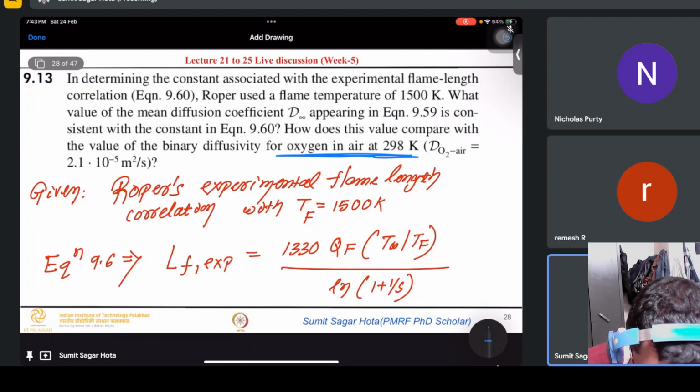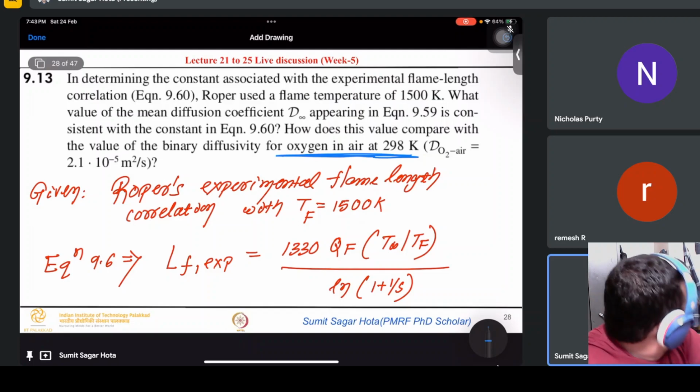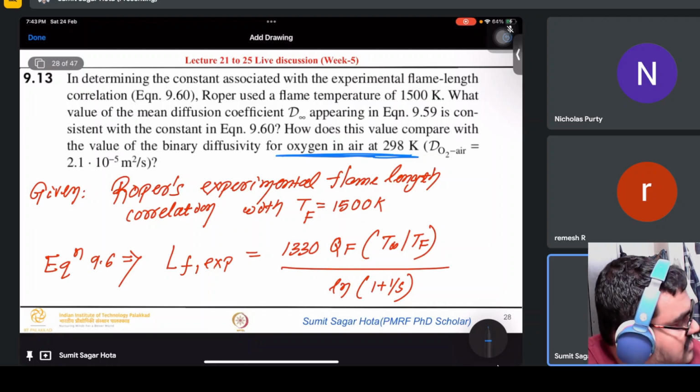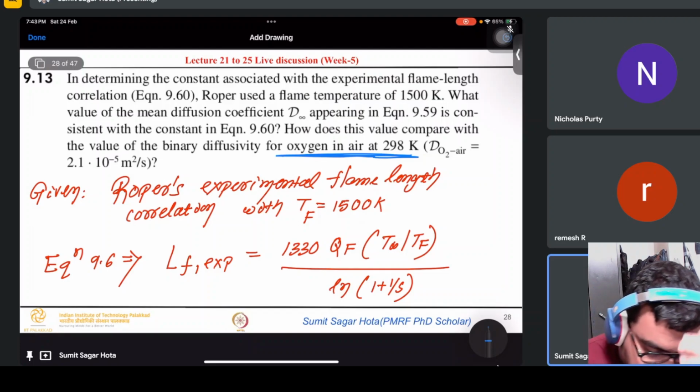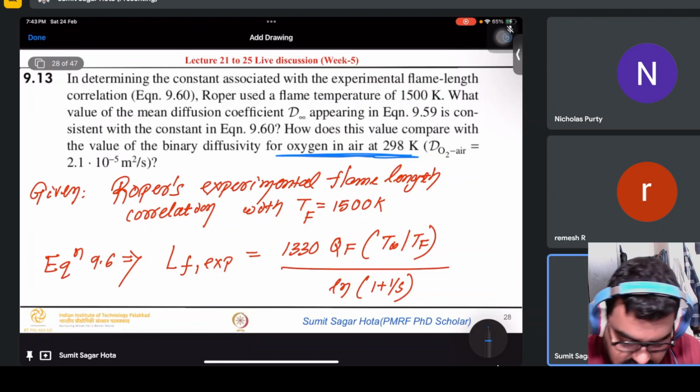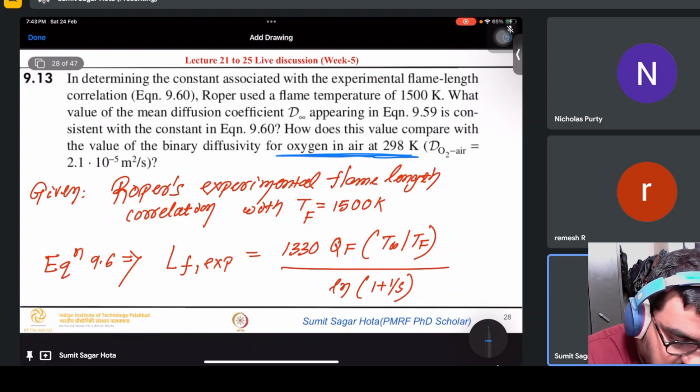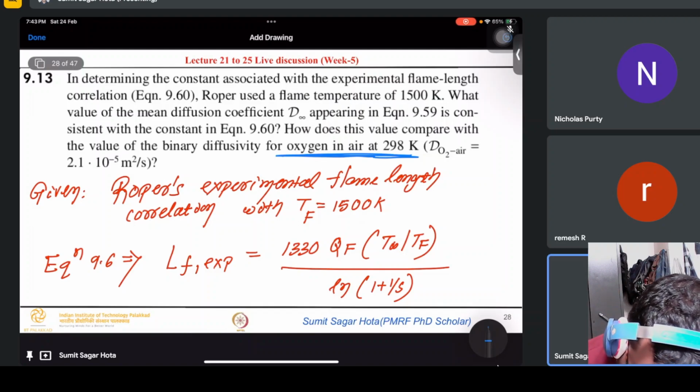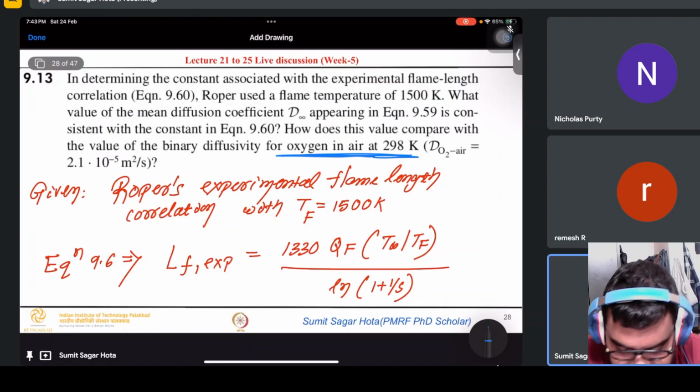That means whatever the diffusion coefficient at the infinite, meaning atmospheric condition, is the same as here, oxygen in air. Okay, that's that.